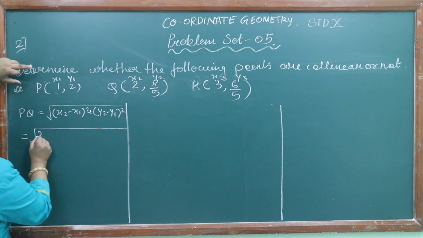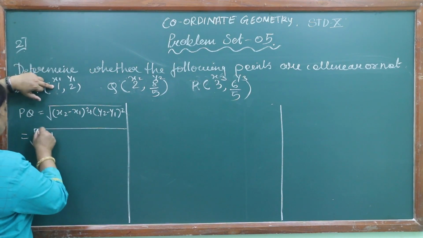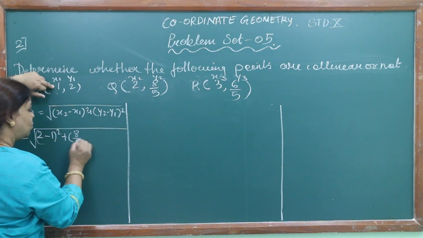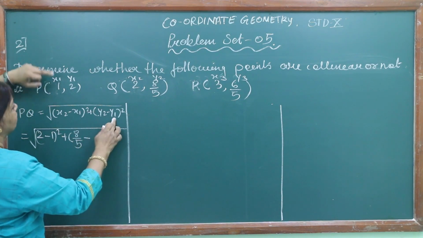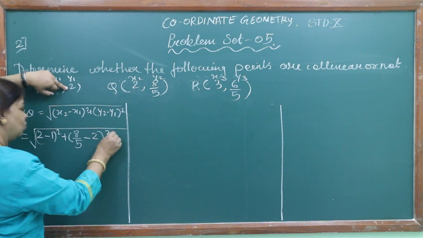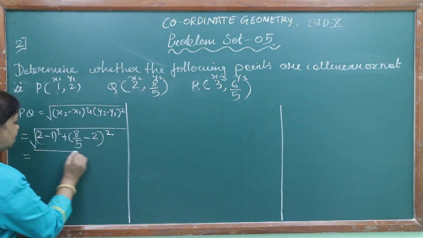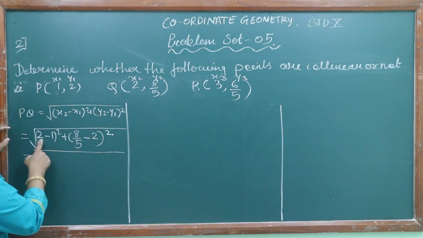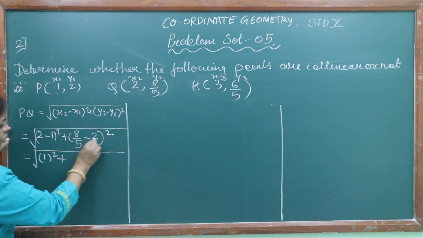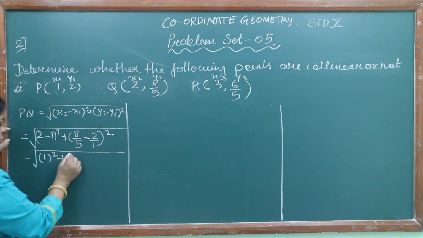x2 is 2 minus x1, 1, the whole square, plus y2 is 8 upon 5 minus y1, that is 2, the whole square. Now here it is a fraction, so pay attention here. This is upon 1, cross multiplication we have to do, children.